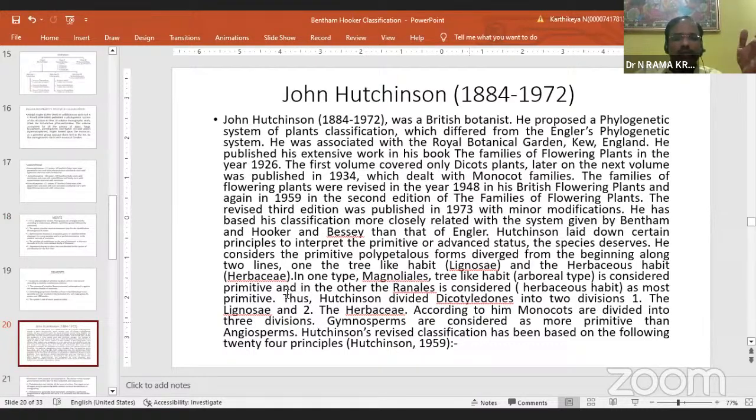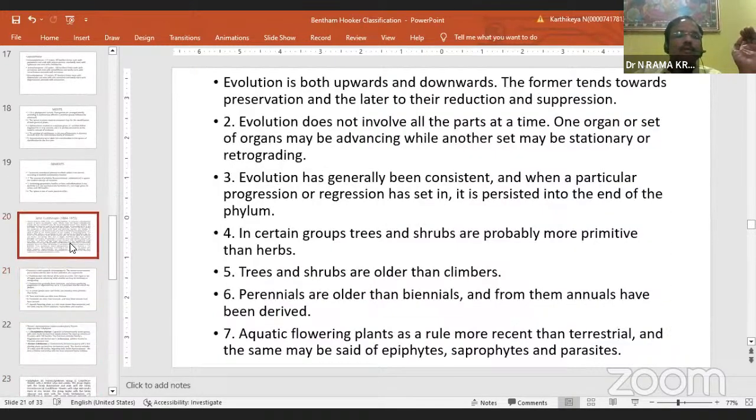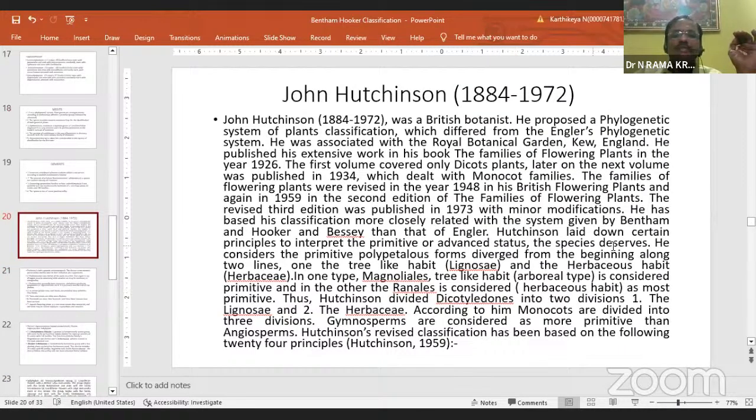Hutchinson divided the entire plant kingdom and gave another name, Magnoliaceae, and the second one, dicotyledons.